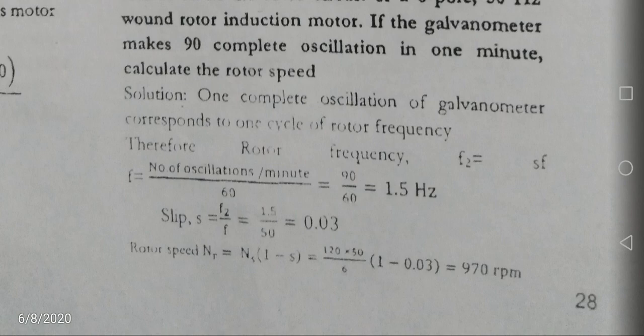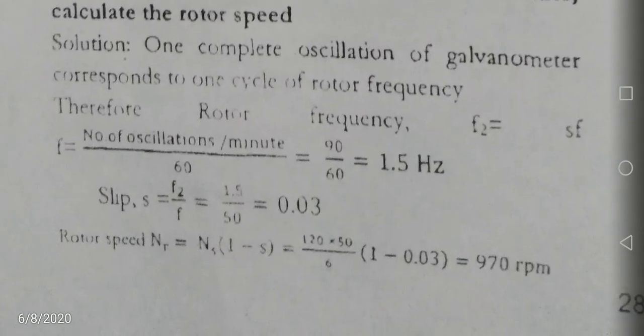Slip S equal to F2 by F, that equals 1.5 by 50, that is 0.03. Rotor speed Nr equal to Ns into 1 minus s.